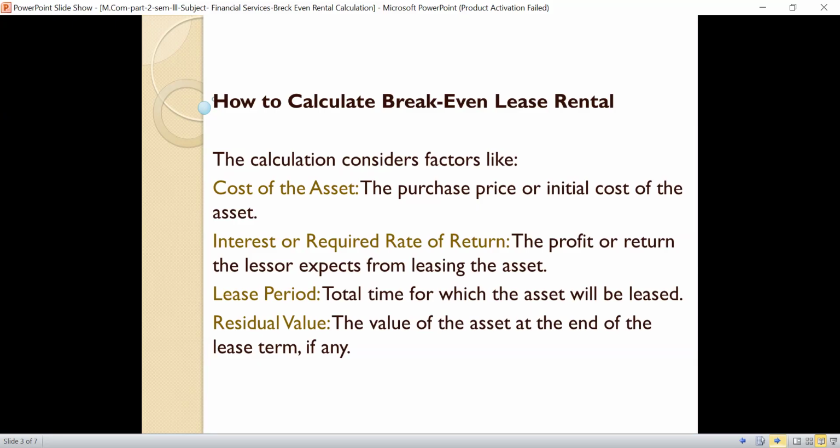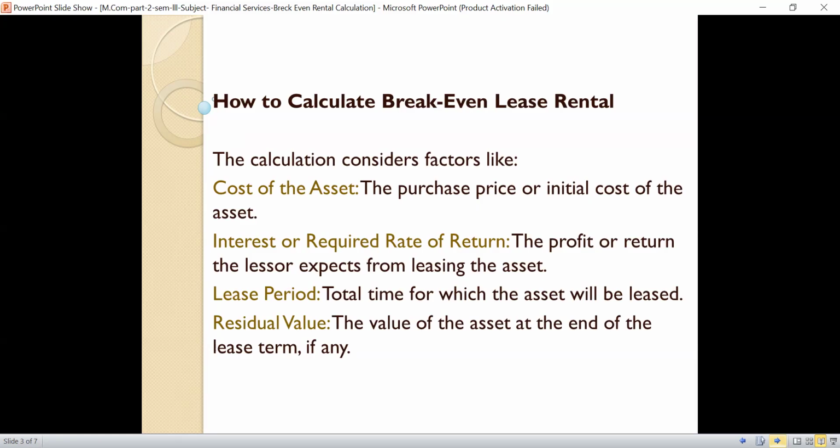Second point is interest or required rate of return, the profit or return the lessor accepts from leasing the assets, which means interest or required rate of return is the profit the lessor wants to earn from leasing the assets. It's the return they accept from their investment.